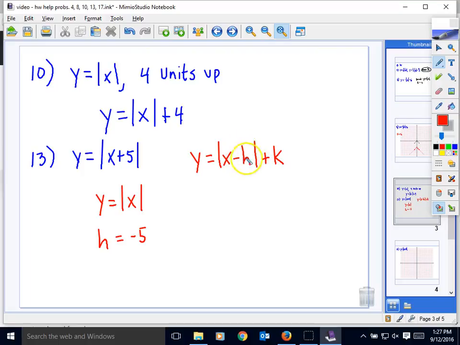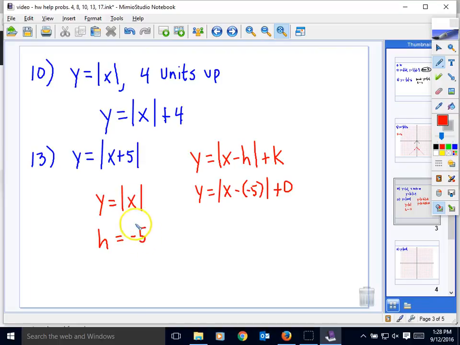So in order to make this become addition, our value for h must have been a negative number. We talked about that in class today. And of course, k in this case would just be 0, so there is no vertical shift. So be careful with these horizontal translations of the absolute value parent functions.